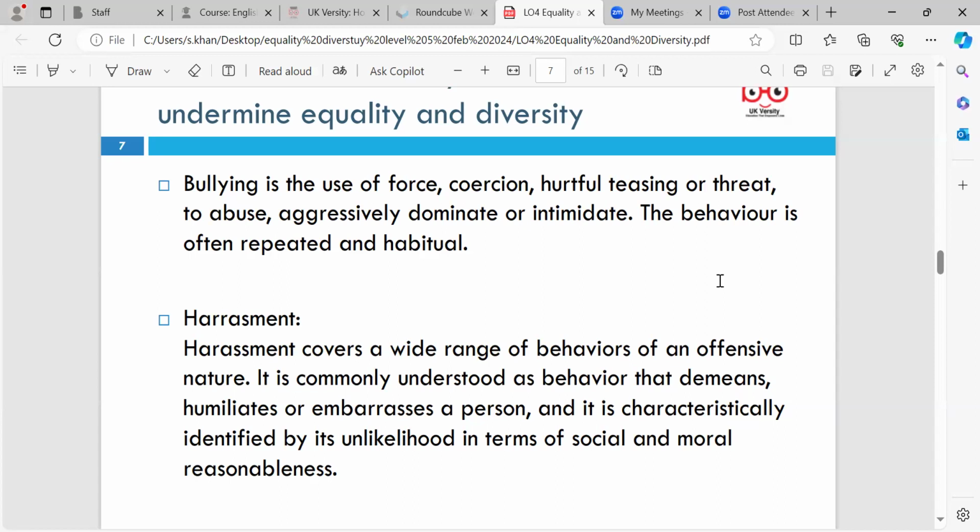Examples could include offensive or derogatory jokes, racial or ethnic slurs, pressure for dates or sexual favors, unwelcome comments about a person's religion or religious garments, or offensive graffiti, cartoons, or pictures.